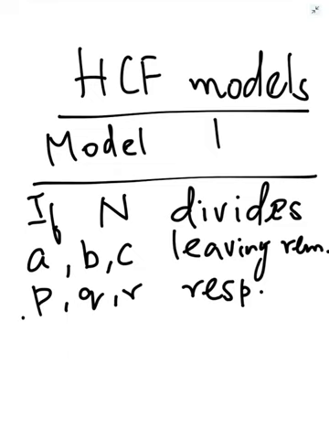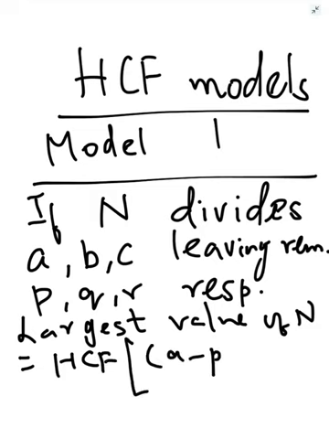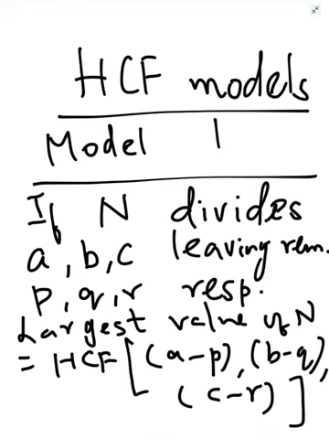Then the largest value of n possible is the HCF of A minus P, B minus Q, and C minus R. So the largest value of n possible is the HCF, highest common factor, of A minus P, B minus Q and C minus R. Means first we have to subtract the respective remainders, then take the HCF of the remaining numbers.